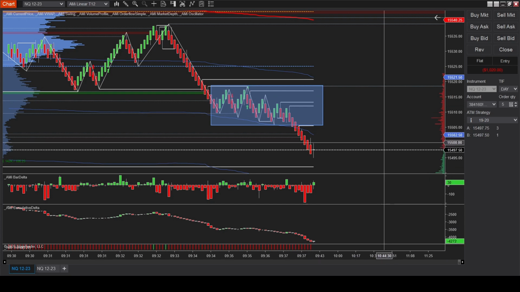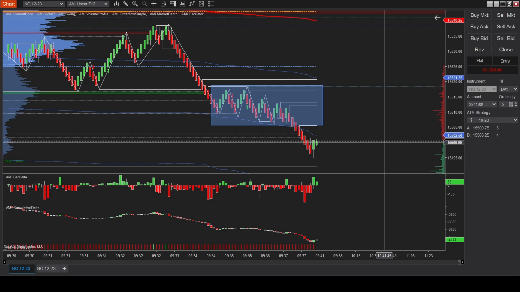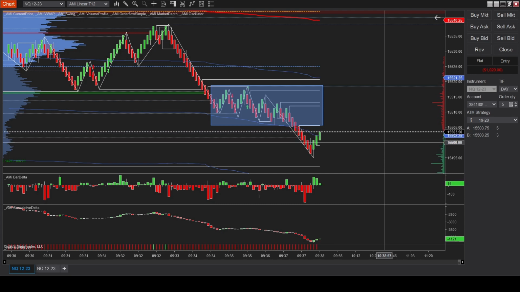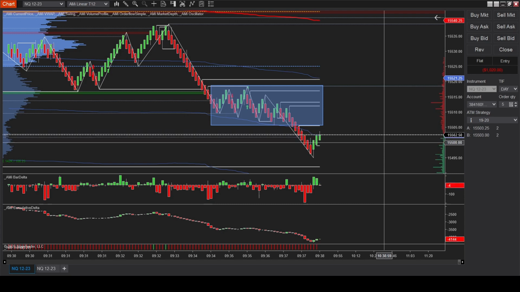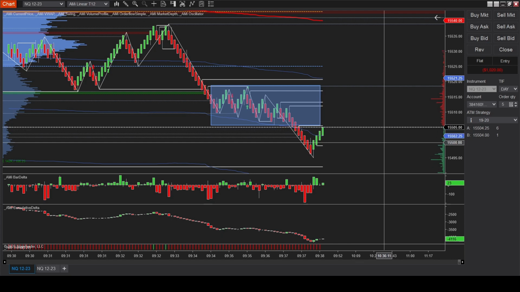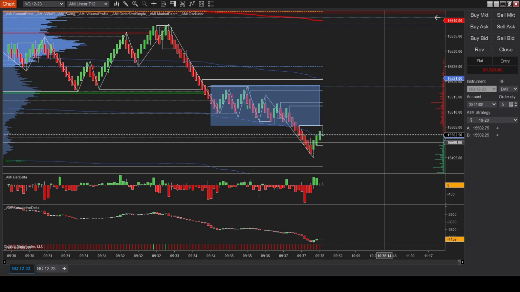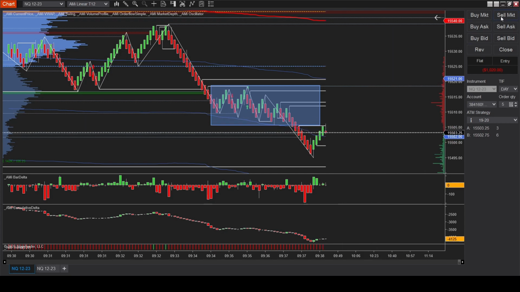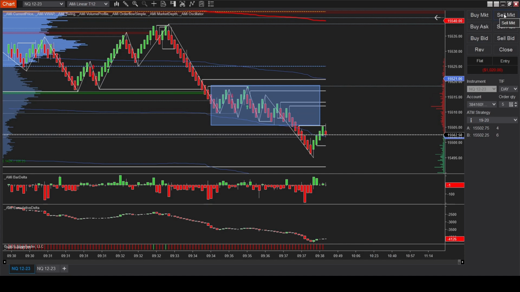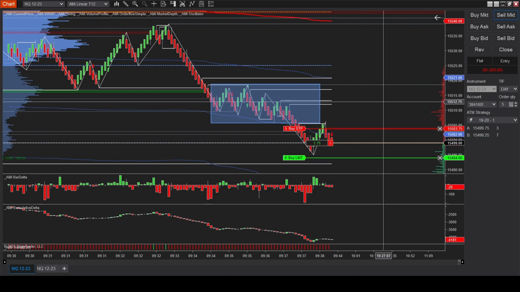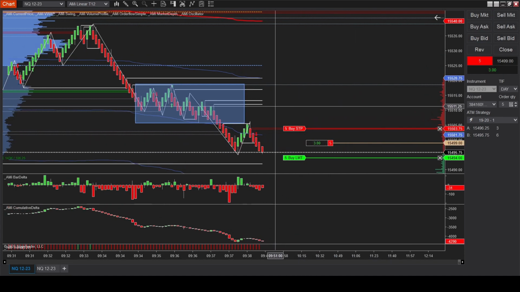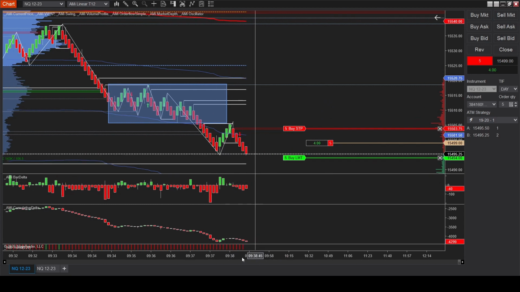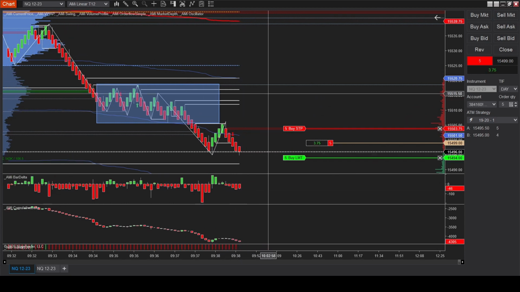Right now the 500s is an important level. I'm gonna take this imbalance short, see if we can continue the direction of the trend.